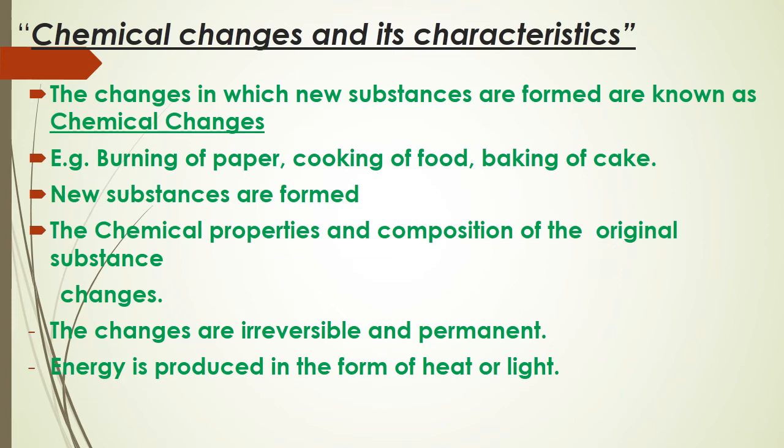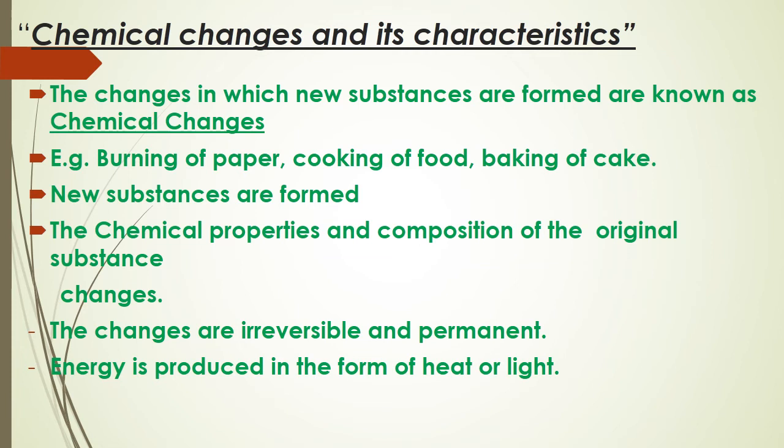So in all these processes or activities, we see that new substances form. Okay, the chemical properties and composition of the original substance change. And what happens? We cannot get back the original substance. A new product is being formed.